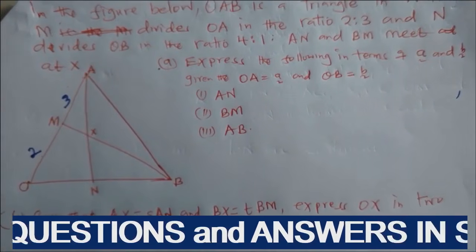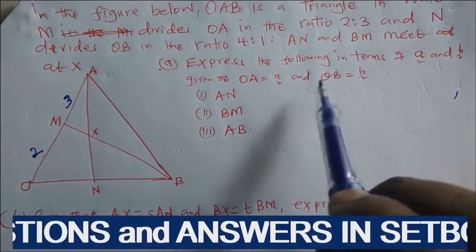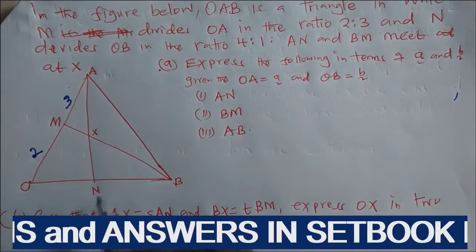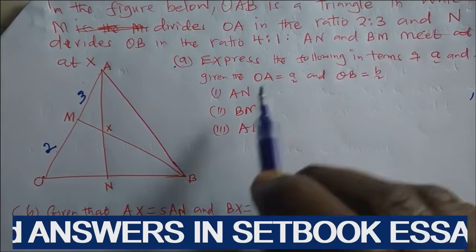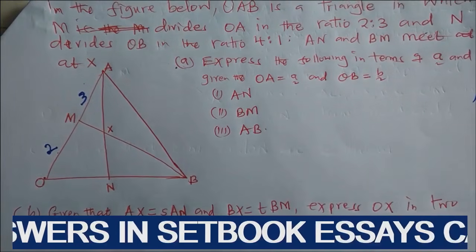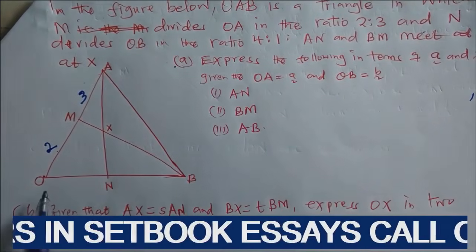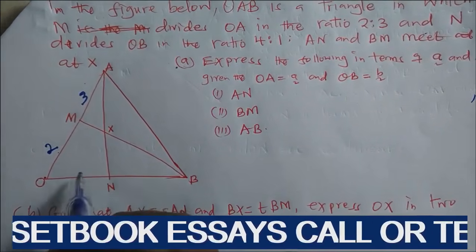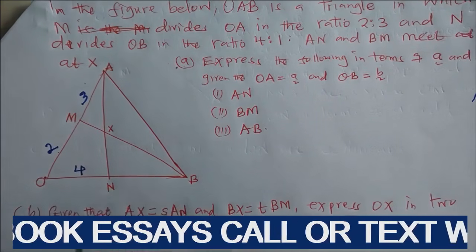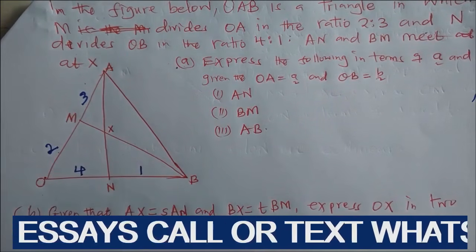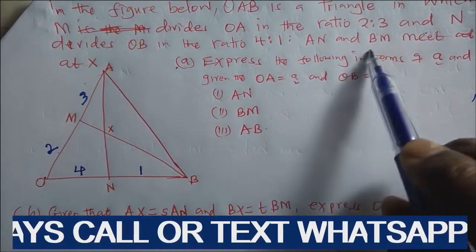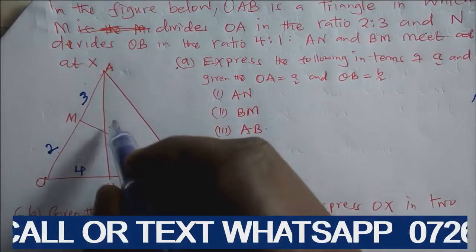And N divides OB in the ratio 4 to 1. So this is 4 and this is 1. That is the ratio. AN and BM meet at X. So they meet at X.